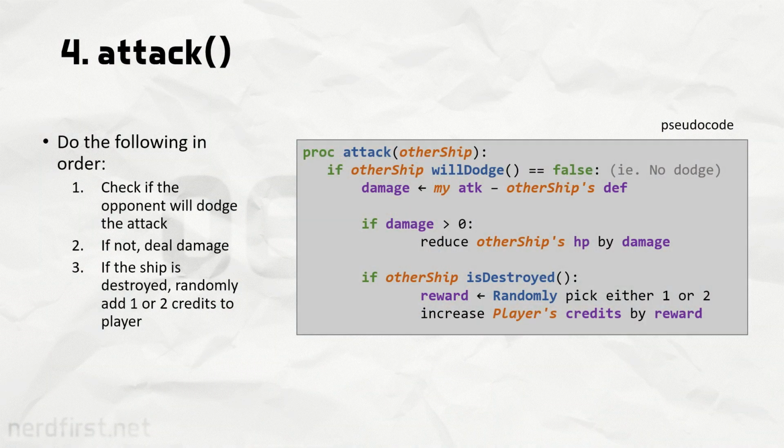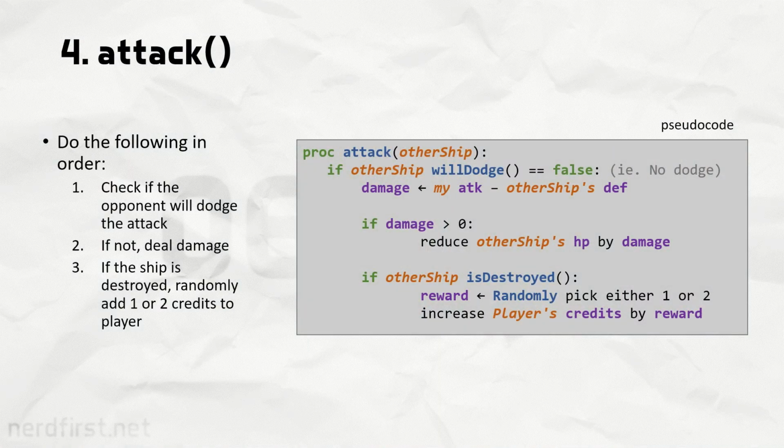Finally, let's move on to attack. Attack is when a ship attacks another ship. We will construct this function using the functions we've created previously, alright? So to start off with, we will check to see if the opponent can actually dodge this attack. If they can, then of course nothing else happens. But if they cannot, then we'll calculate how hard we can hit them.